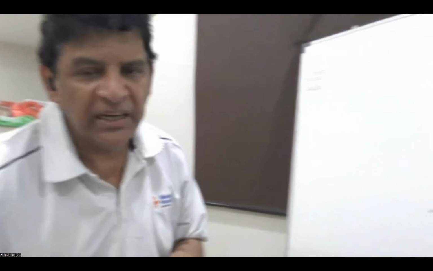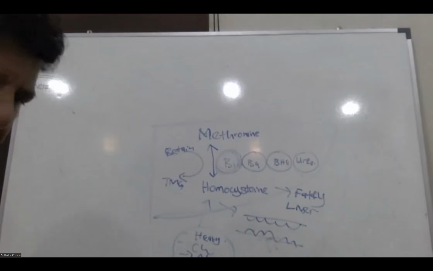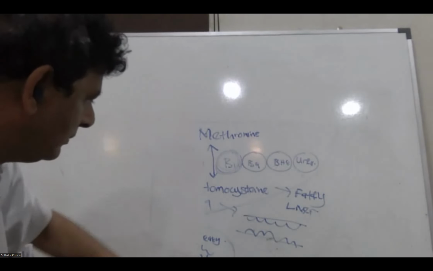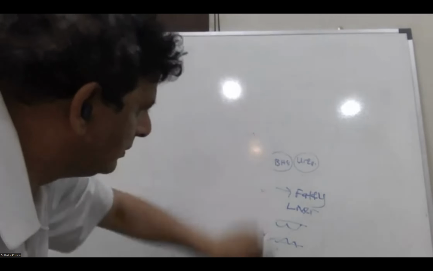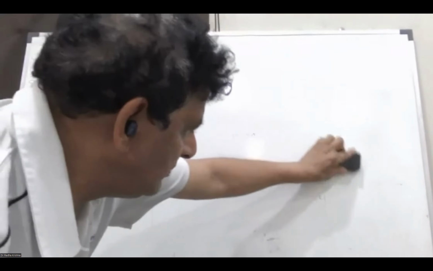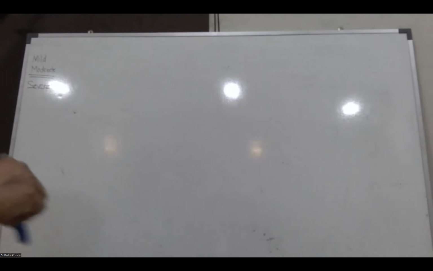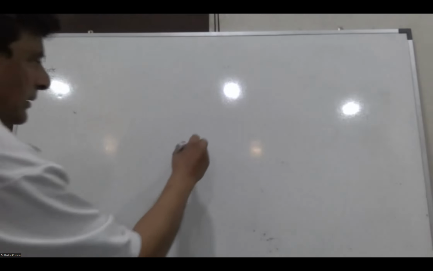The third aspect I want to show you is what is called methylation. Dr. Kim is here. She's a gynecologist, and Dr. Kim, you'll see a lot of patients with infertility. This is what you'll find.